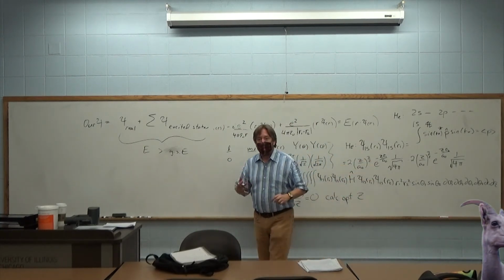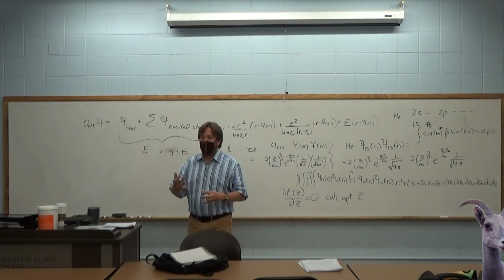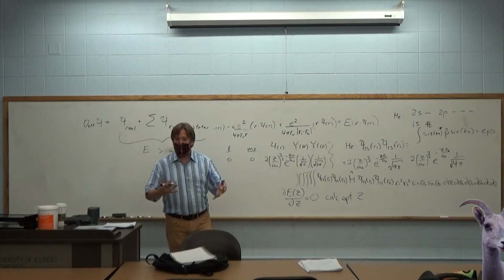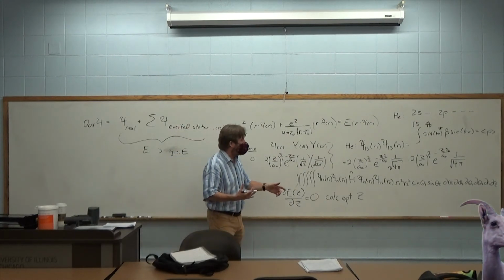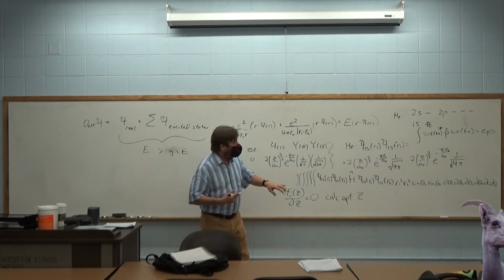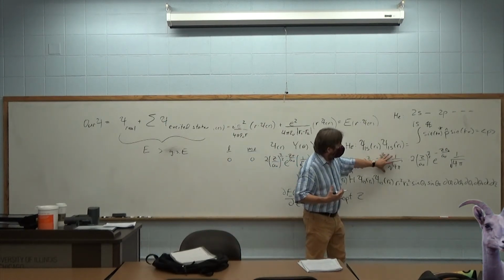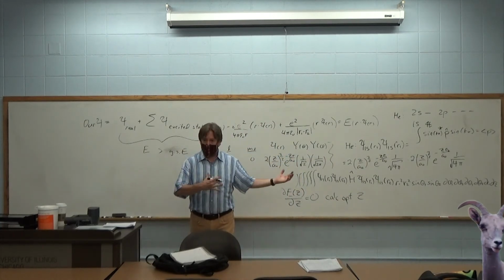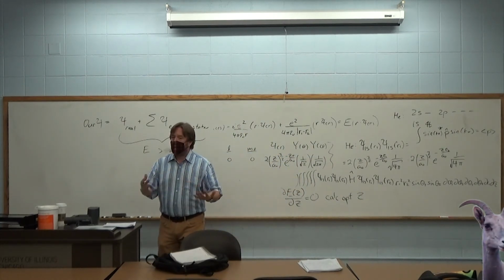Now, what theoreticians do: one reason to do this is, for one, it's a great math exercise. Number 2, it gets you more immersed in atomic quantum theory. Number 3, this is what theoreticians do. They get hydrogenic wave functions and change them. For hydrogen, it's fine. For other atoms, it's not fine.